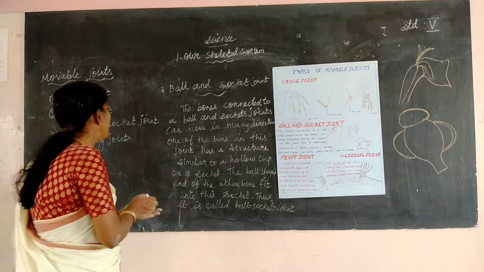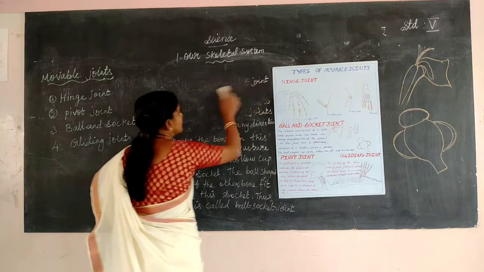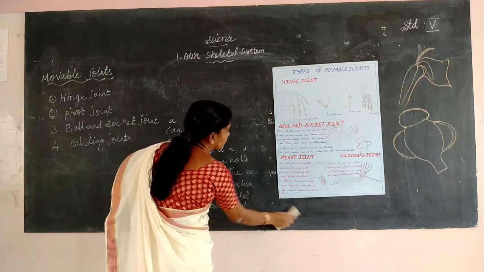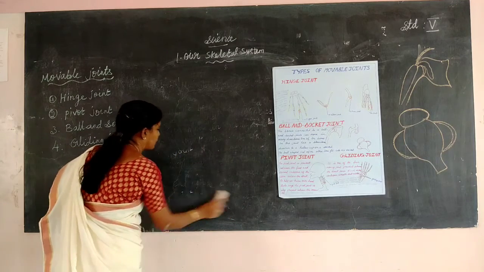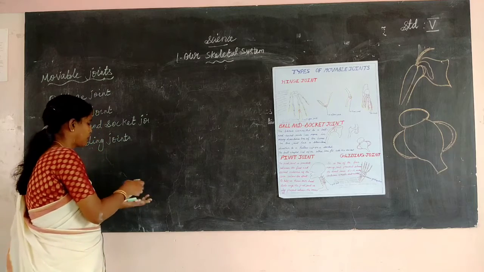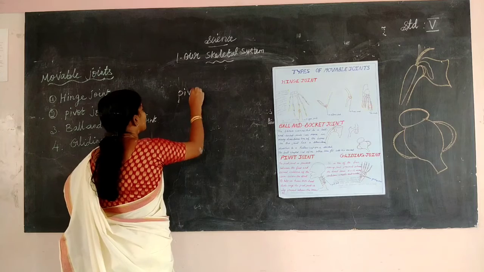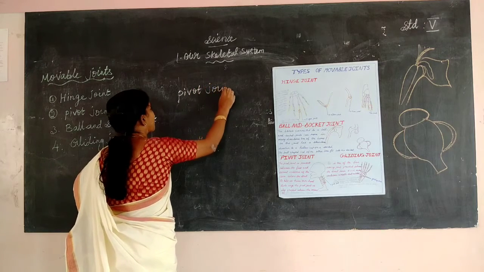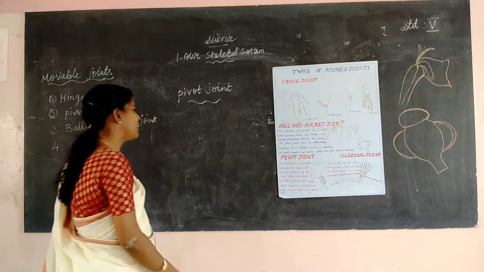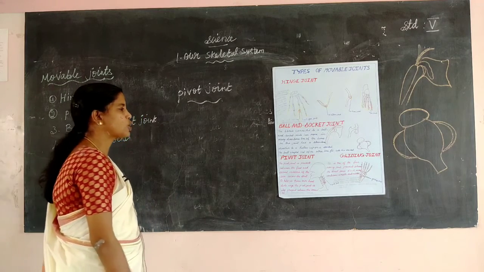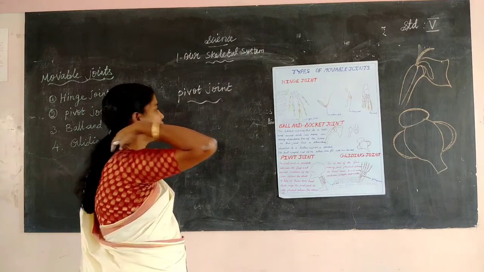Next joint is pivot joint. The pivot joint is present between the first and the second vertebrae of the spine below the skull. Skull க்கு கீழ இங்க வருது, எந்த joint? Pivot joint.